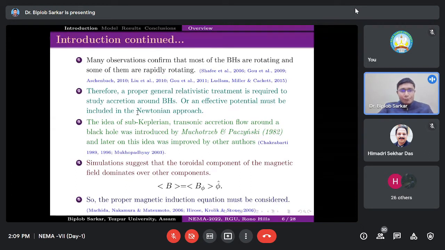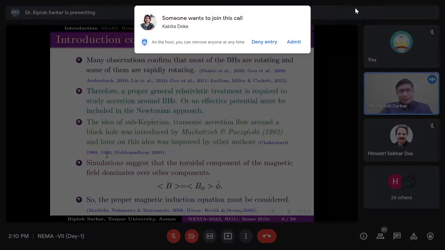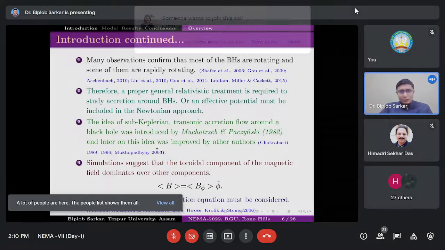Another very important point is that the idea of sub-Keplerian transonic accretion flow around a black hole was initially put forward by Muchotrzeb and Paczynski in the year 1982. Later on, this idea was improved by many other authors such as Chakrabarti 1989-1996 and Mukhopadhyay 2003.